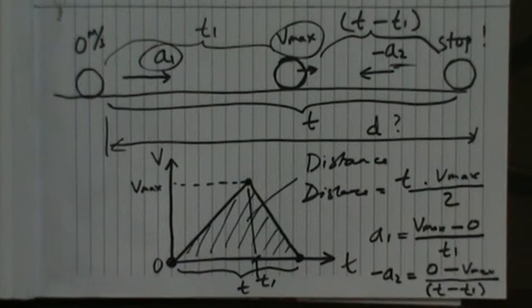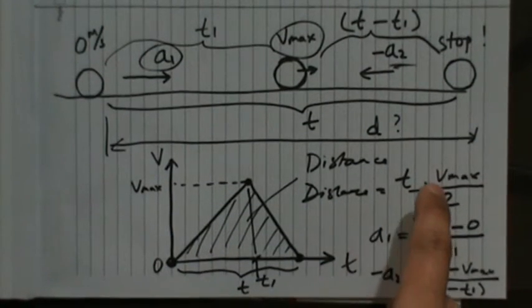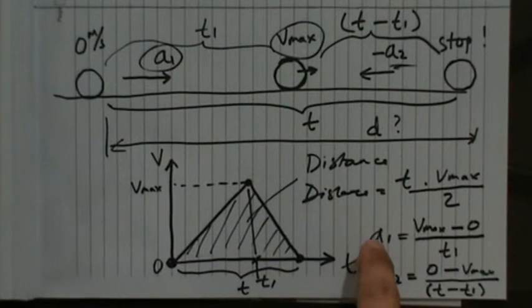The problem we have here to find the distance is that we actually still do not have the value of Vmax. So by using these two equations, we will find the value of Vmax.